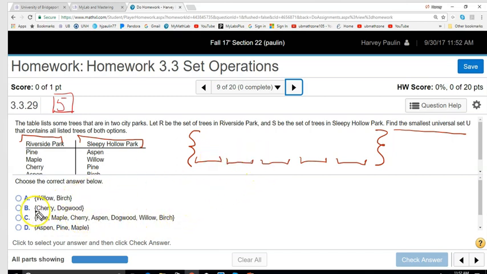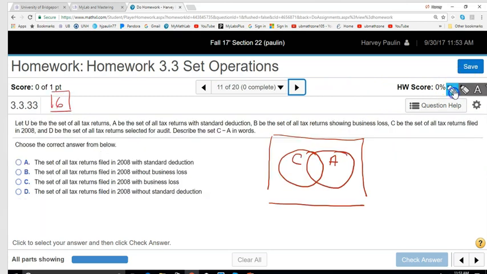They just listed them. All right, again, you want to know the protocol for doing this, and we did one similar to this already. Now, as you read number 6, you're going to say the universe is this, A is this, B is this, C is this, and D is this.